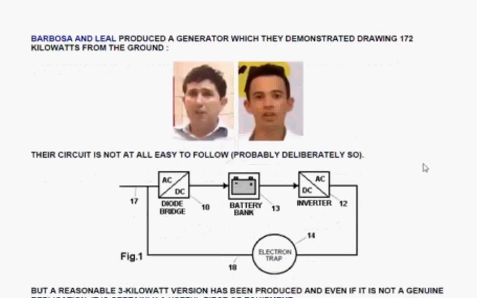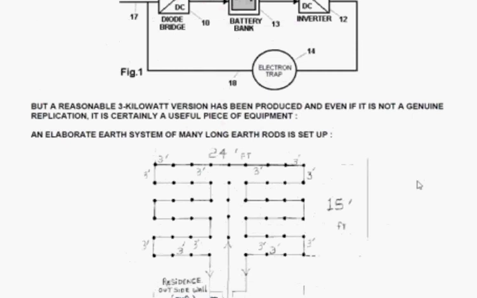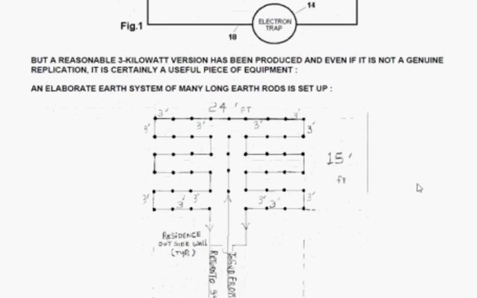But they borrowed a meter from the local power company so that they could demonstrate how big the current flow was. And of course, the powers that be promptly said, "Oh, you stole this meter from the local power company. You're thieves." They weren't actually thieves. They borrowed it and they had everything in order. But they have been quiet for a long time. I imagine that they have been intimidated into silence.